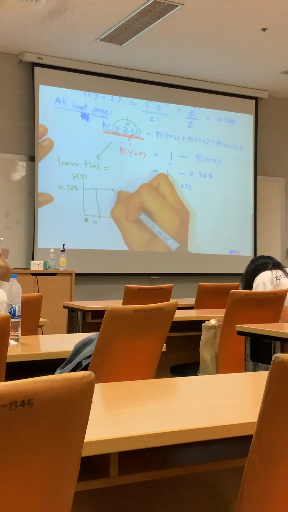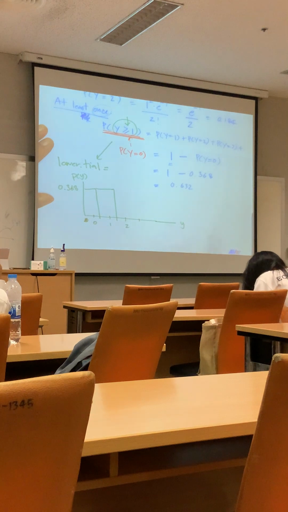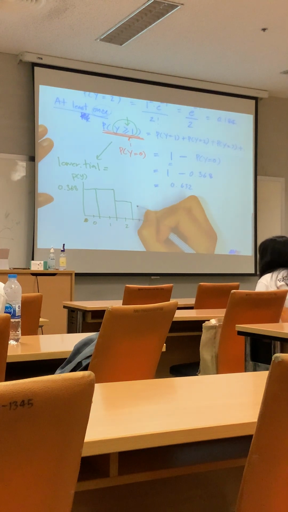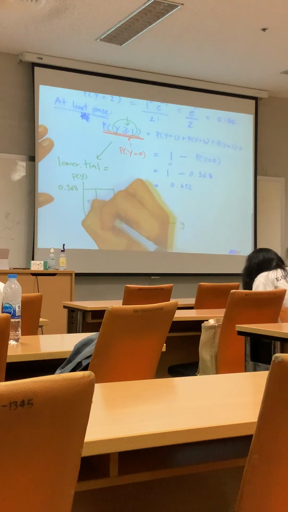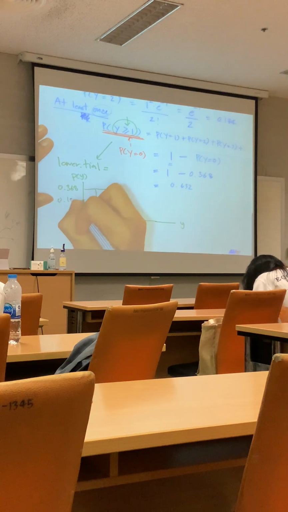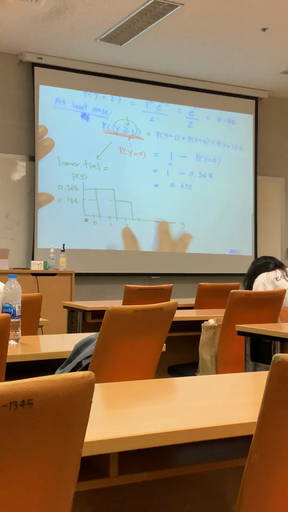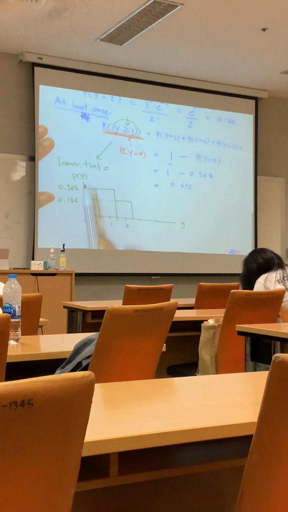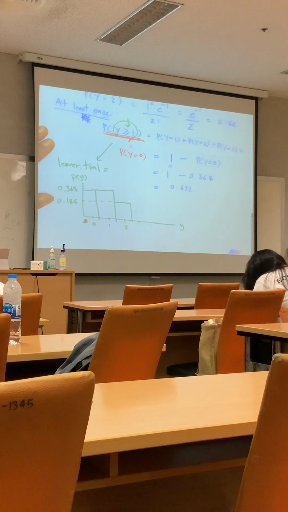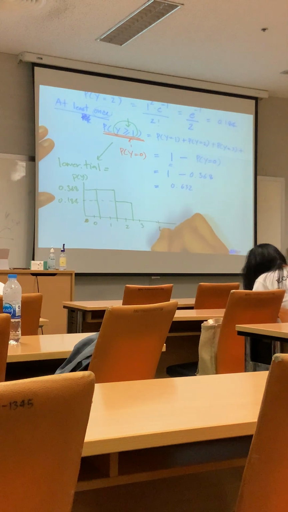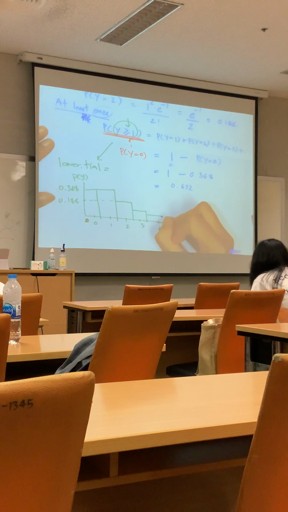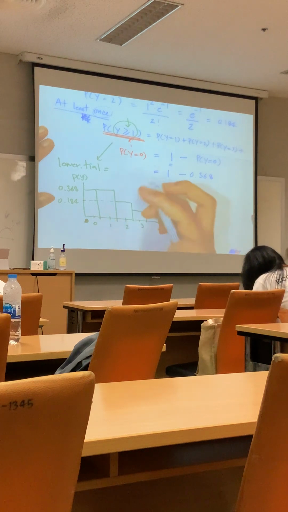And 1 will be the same, 0.368. 2 will go down to 0.184. What I'm trying to do here is draw the probability density function distribution of y when y is Poisson distributed. And like we can do 3, 4, it keeps becoming less and less, like this.